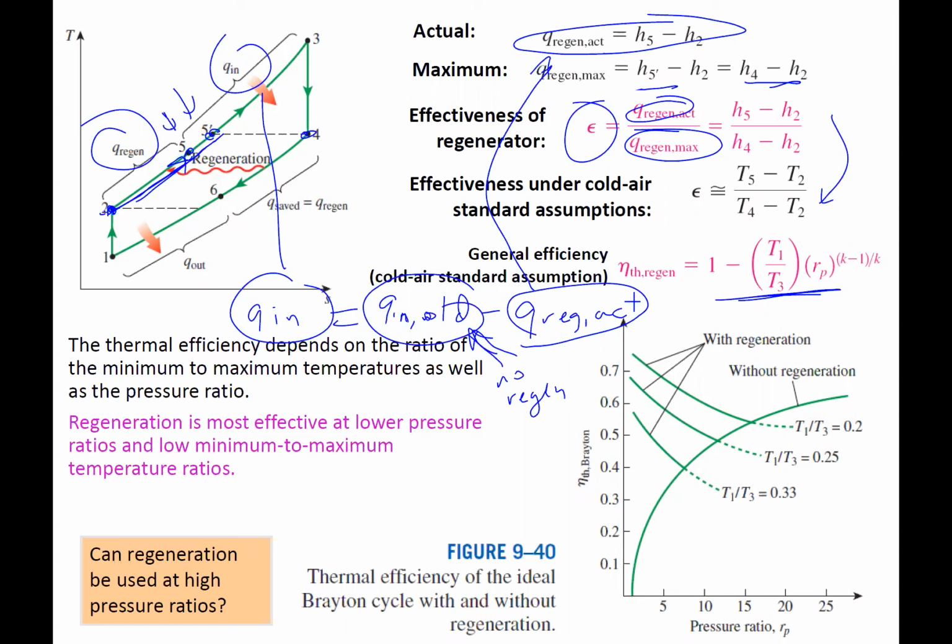We see here with regeneration at these low pressure ratios, we can increase the efficiency. At these higher pressure ratios, we actually decrease the efficiency because now we're trying to transfer heat from after the compressor to the turbine in the wrong direction, as I showed last class.